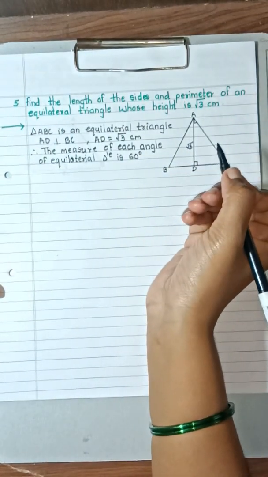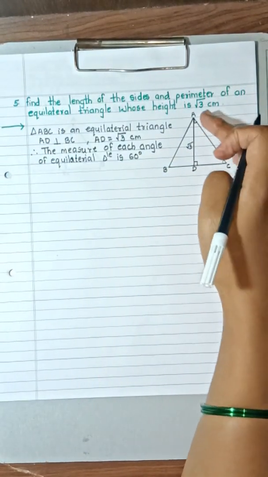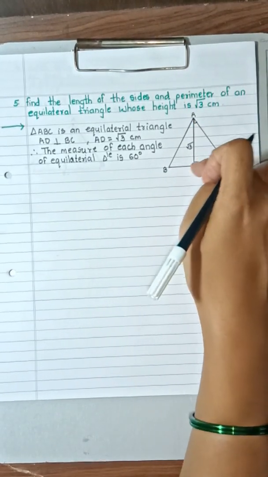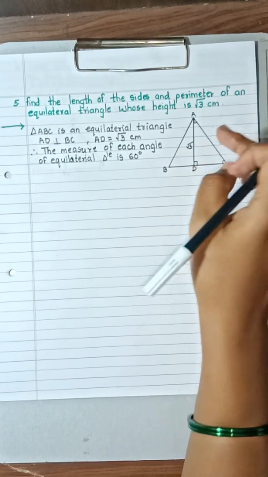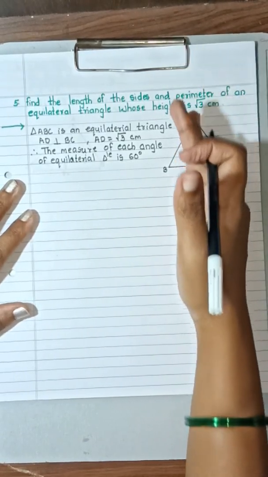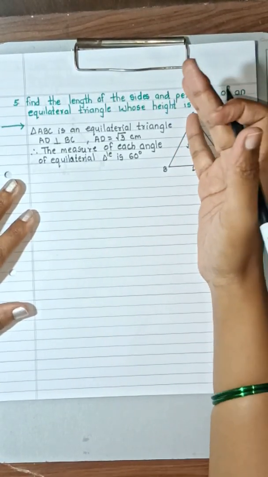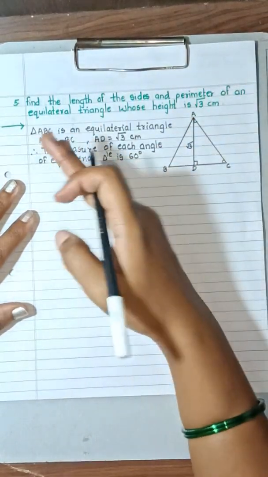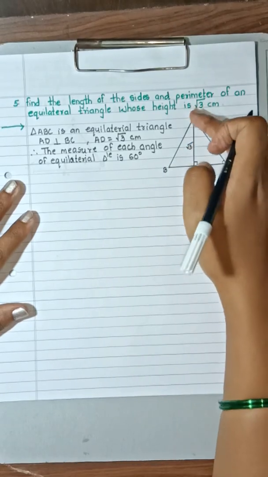Therefore you can say that angle ACD is 60 degrees, angle ADC is 90 degrees. As you see, this median, or you can call it this perpendicular, has divided triangle ABC into two triangles, that is ADB and ADC.